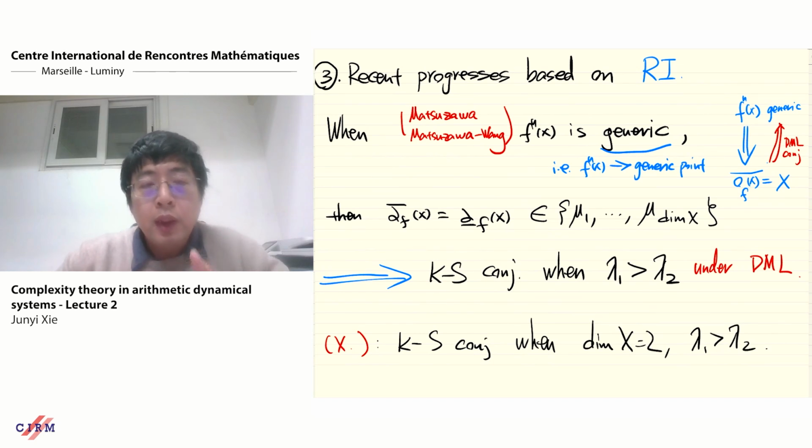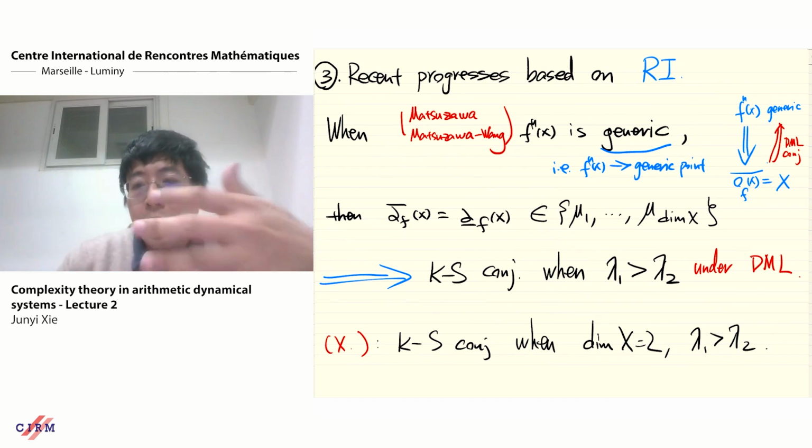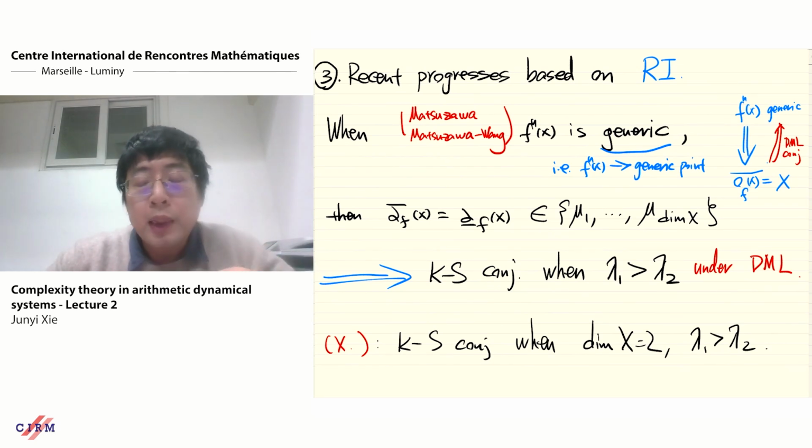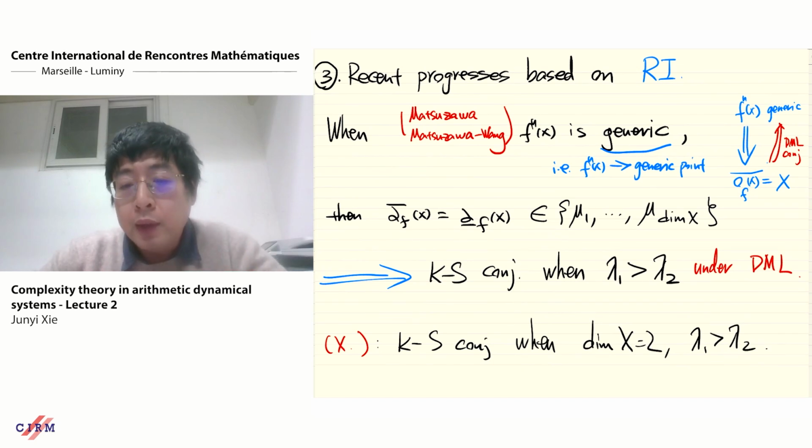So if you assume the dynamical Mordell-Lang conjecture, then this result of Matsuzawa directly implies the Kawaguchi-Silverman conjecture if the first dynamical degree is strictly larger than the second dynamical degree, so lambda 1 is strictly larger than lambda 2.